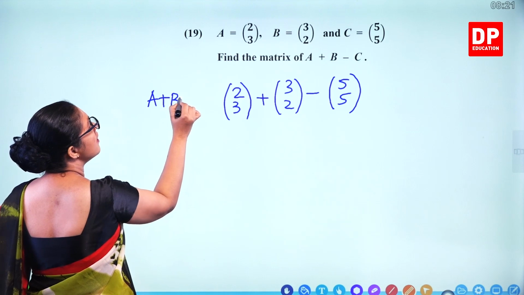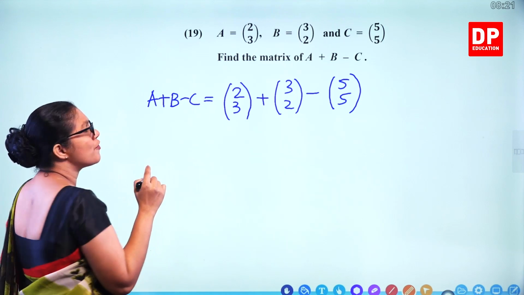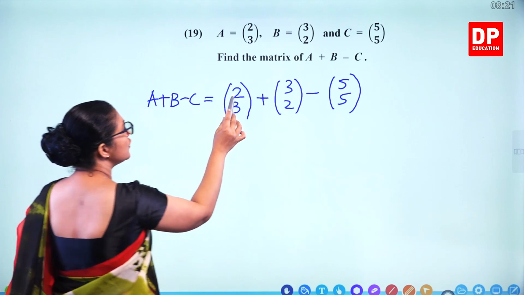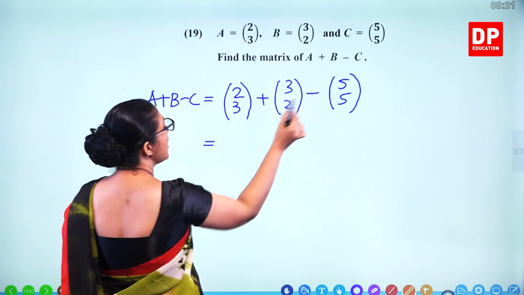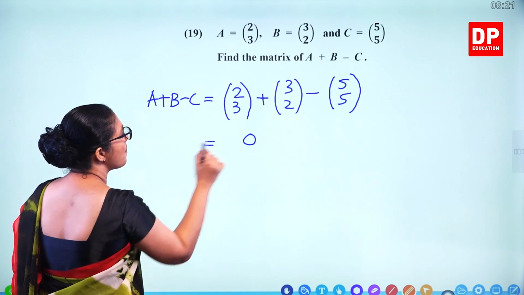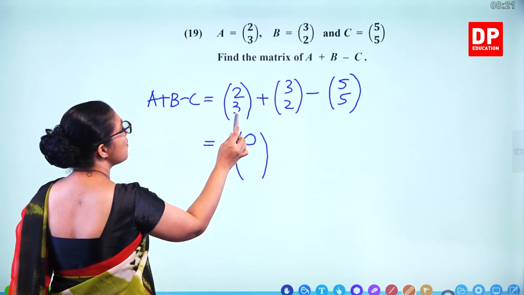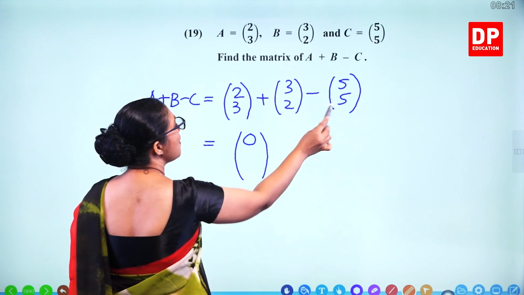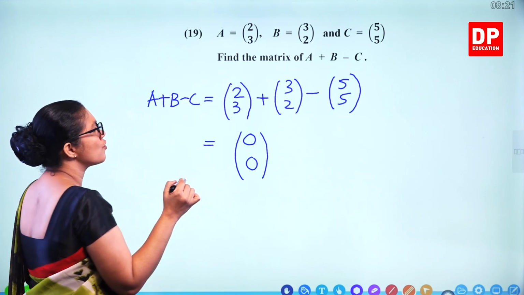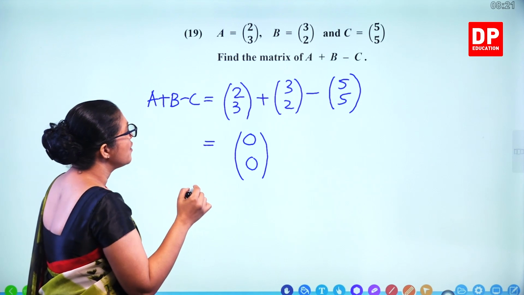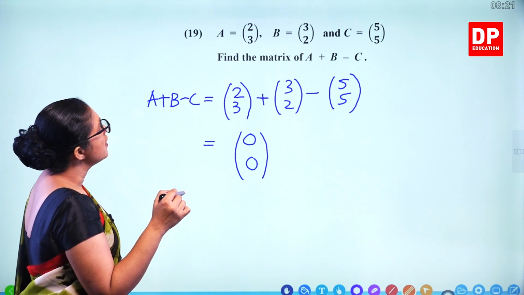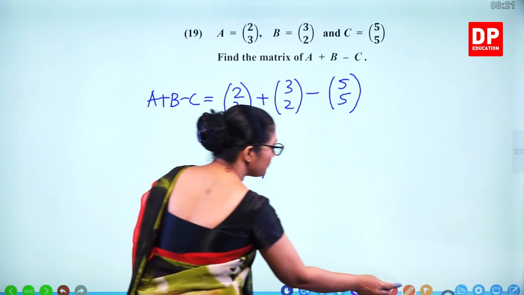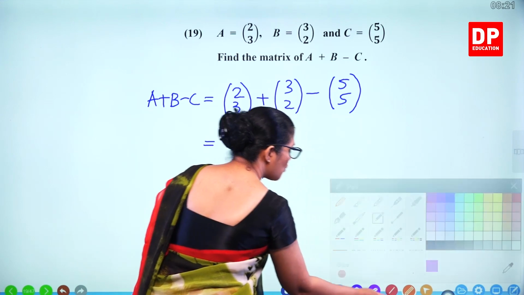You add or subtract the corresponding elements. So first row, first column, 2 plus 3, 5, 5 minus 5, 0. Then the other one, 3 plus 2, 5, 5 minus 5, 0. So that's a 0 matrix, null matrix. So 0, 0. 2 marks.